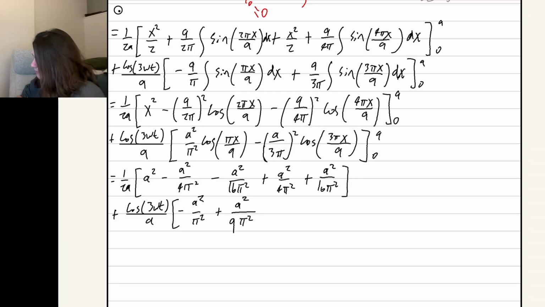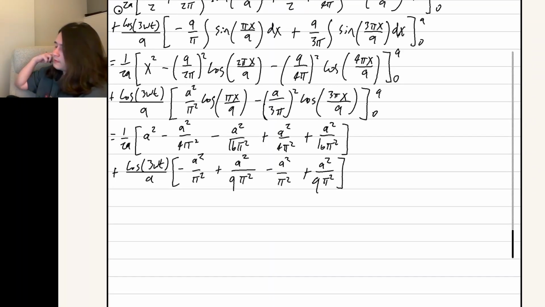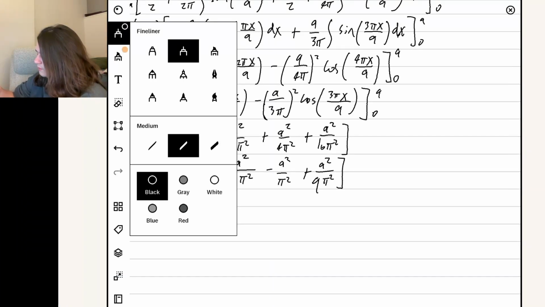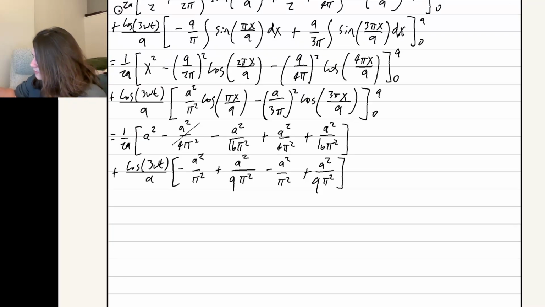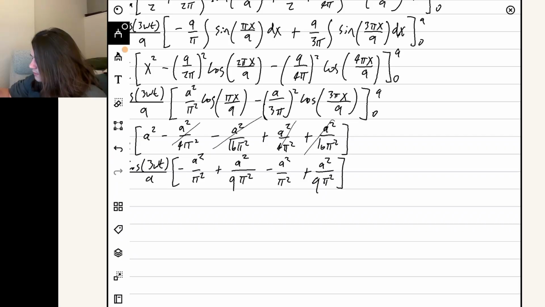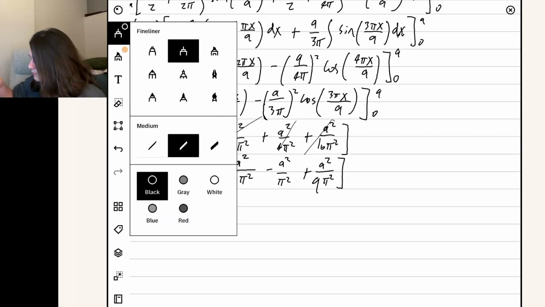And then cosine of 0 is 1, so we're going to have another minus a squared over pi squared, and then cosine of 0 is 1, so we're going to have another a squared over 9 pi squared. Alright, so we can cross this thing out with this thing, and also this thing out with this thing. But the other stuff actually adds up.